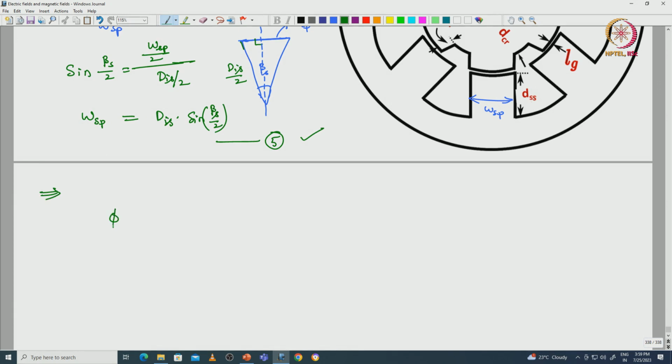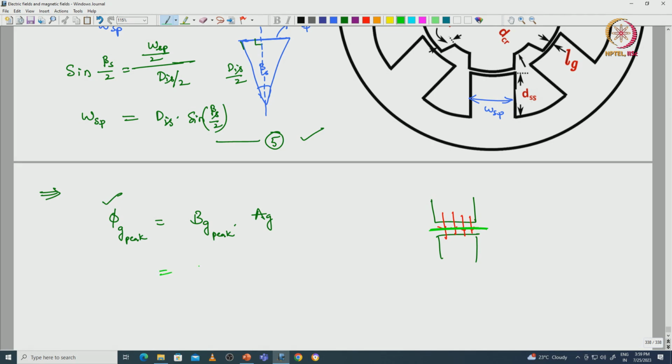The flux with respect to the air gap, phi g peak, is the flux value, and we are calculating it from the flux density, Bg peak, into Ag. This is the rotor pole, and here flux lines are flowing in this direction, and we are calculating the area perpendicular to this, that is Ag.